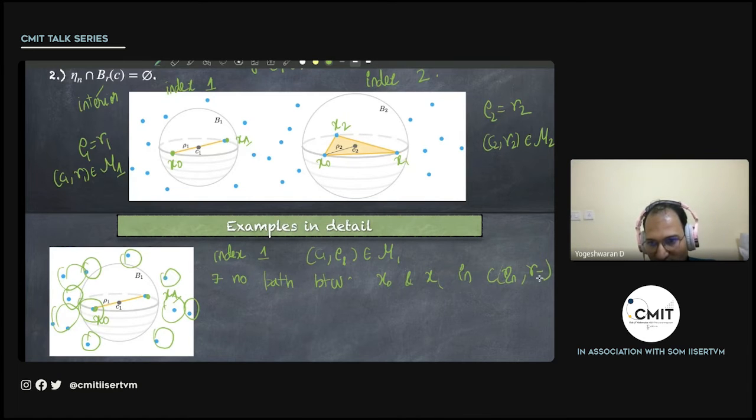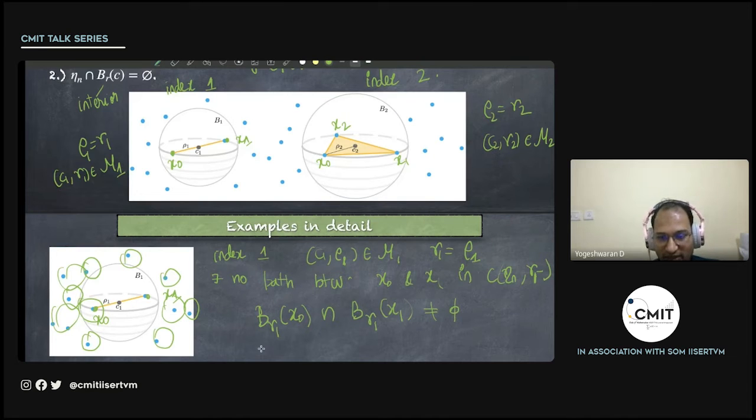Then what would happen when I put this ball? So r1 is equal to rho 1. Just before r1, just before the ball is put at c1, what's happening? Just before I put a ball of radius r1, we know the ball B r1 of x0 intersecting B r1 of x1 is non-empty.